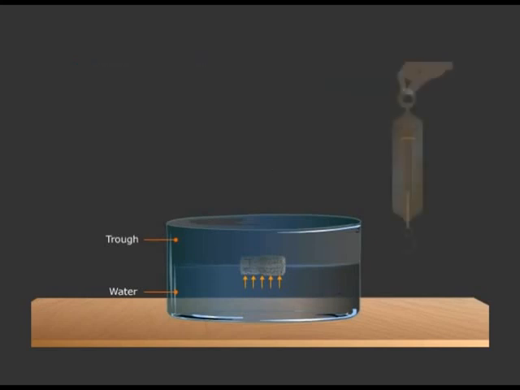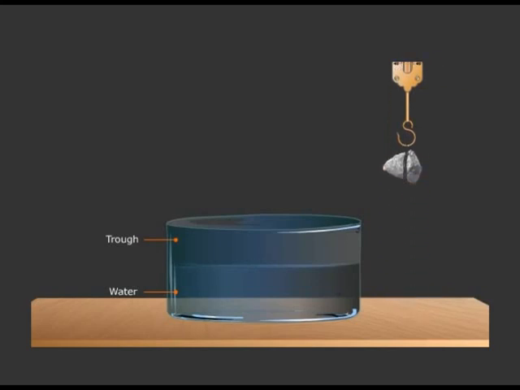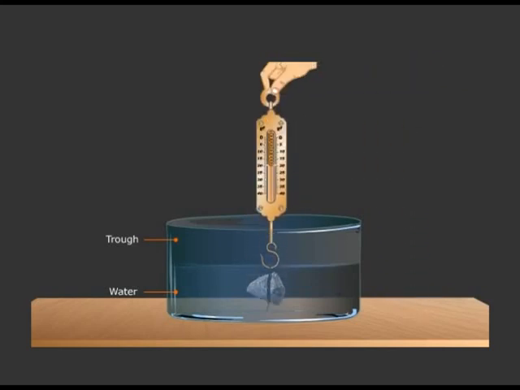Let's see an experiment. We suspend a body from the hook of a spring balance and observe the readings. We then immerse it in a trough containing water. We observe that the reading on the spring balance is indicating a lesser weight of the object.